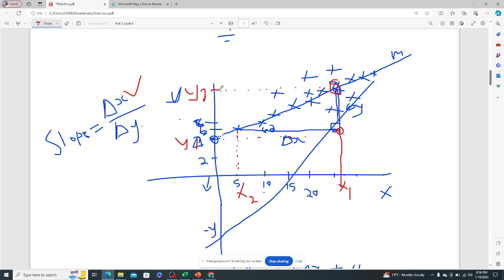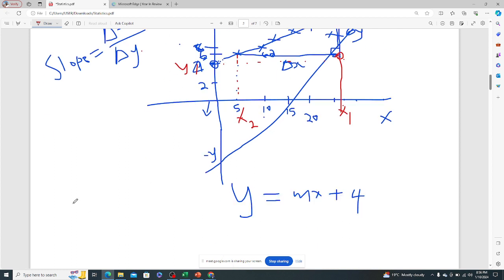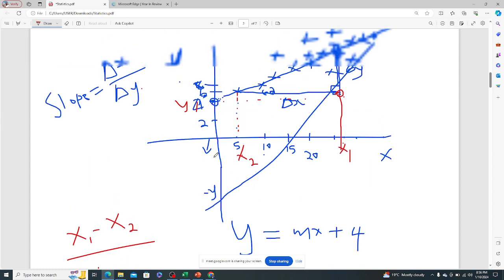Okay, so if you take this point minus this point, our slope will be x1 minus x2 divided by y1, or you can use either the largest minus the smallest.